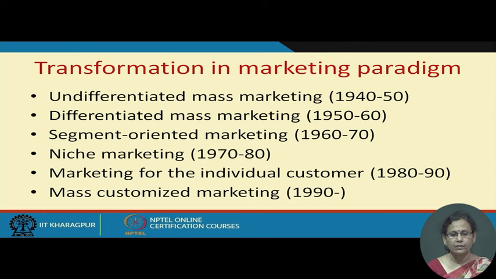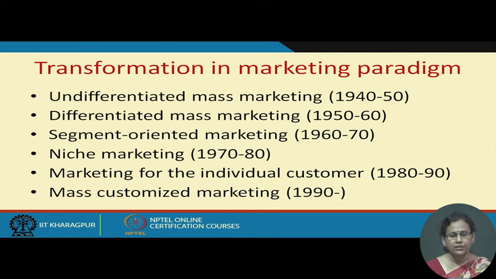However, the concept changed slowly. People started thinking about differentiated mass markets, in which special groups were identified and special marketing programs were designed for them.